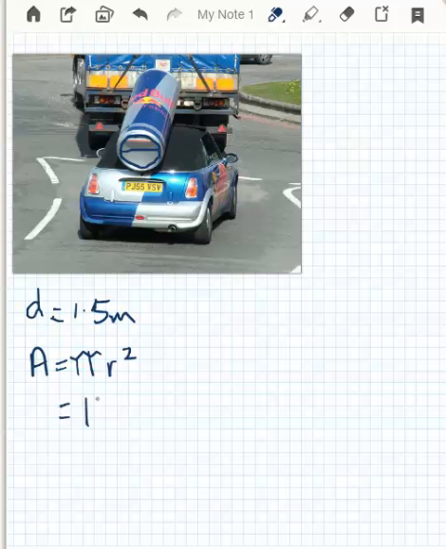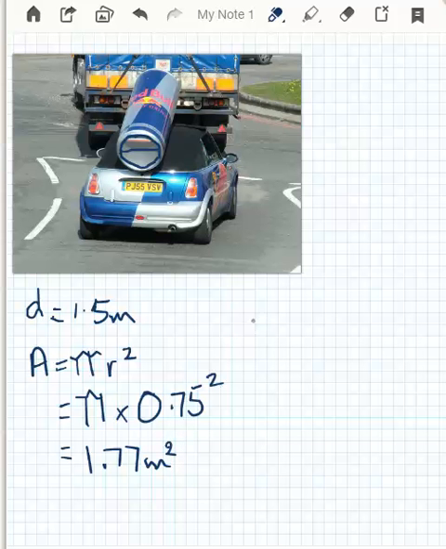So that is pi times the radius, which is half of 1.5, so it's 0.75 squared. If you thump that through your calculator, you'll come up with an answer of 1.77, and the units we're looking at are meters.